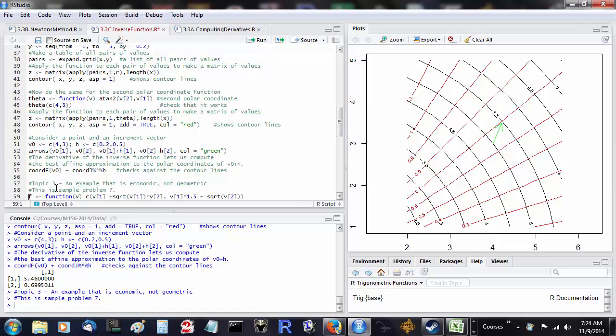In this example, you are spending amounts x and y and coming up with two different effects. Happiness, as represented by the first function, which is x plus the square root of x times y, and the total cost, which is x to the 1.5 power plus the square root of y.